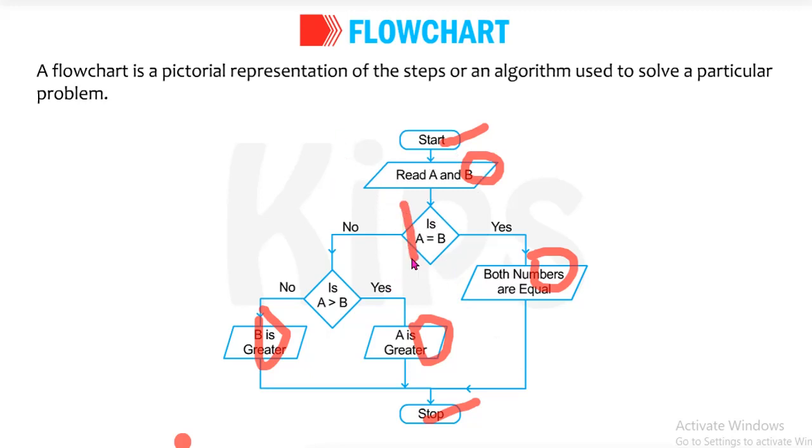Decision, this is decision. One decision, second decision has been taken. Yes or no. And arrows, there are so many arrows here: left, right, and all. And connectors are not there. So these are the symbols mainly we use in the flowchart.